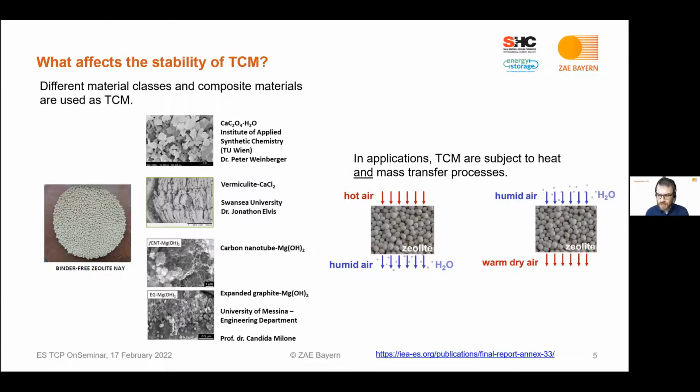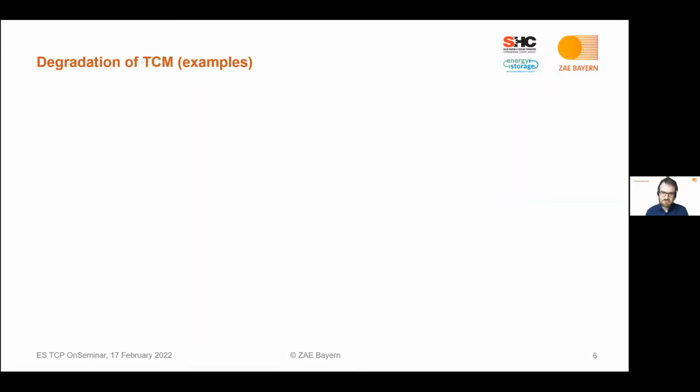For example, with the working pair zeolite-water, it's not only that you heat it up and cool it down, but you also supply humid air to the zeolite, or you take the humidity out of it for charging and discharging respectively. So this heat and mass transfer can cause different degradation processes.